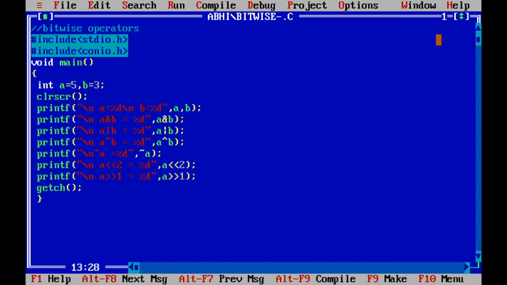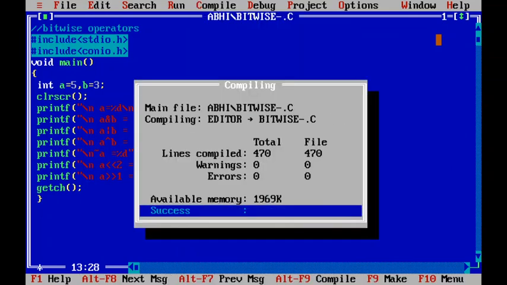Now I am making a small change. If I modify this 2 to 3 times, what will be the expected answer? Any guess? 5 into 2 is 10, 1 time. 2 times means 10 into 2, 20. 3 times means 20 into 2, 40. It will print 40. Just check the answer.